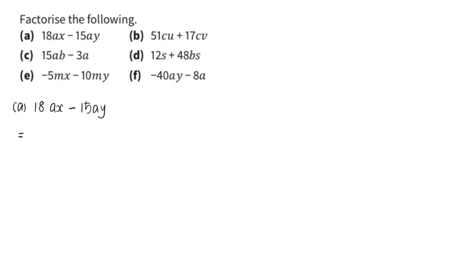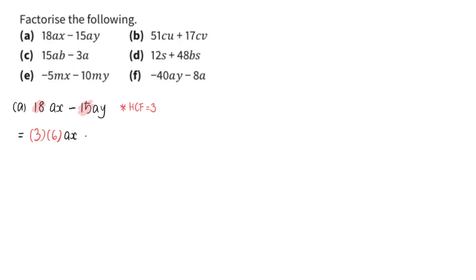You can see that the highest common factor of 18 and 15 is 3. And so for my 18 and my 15, you will see that Mr. Tan will take out 3 as the common factor.